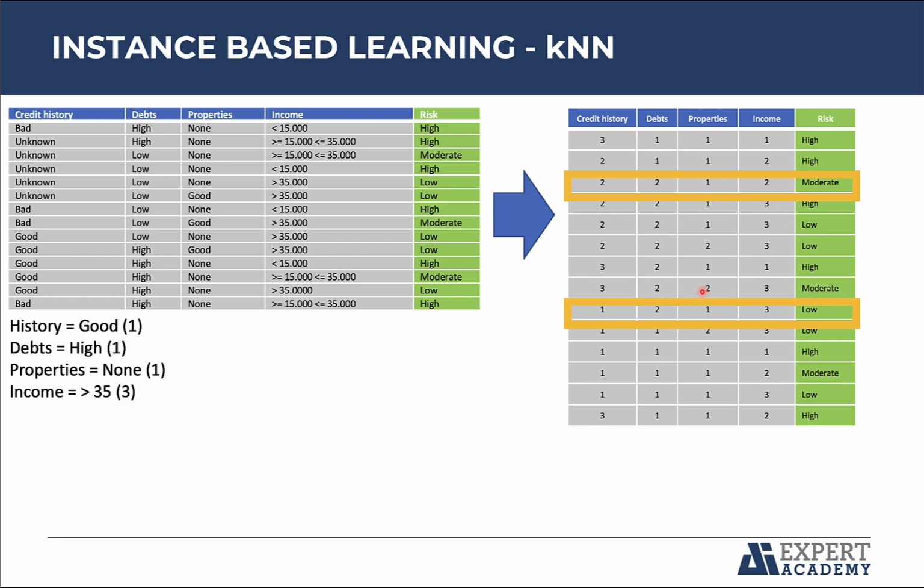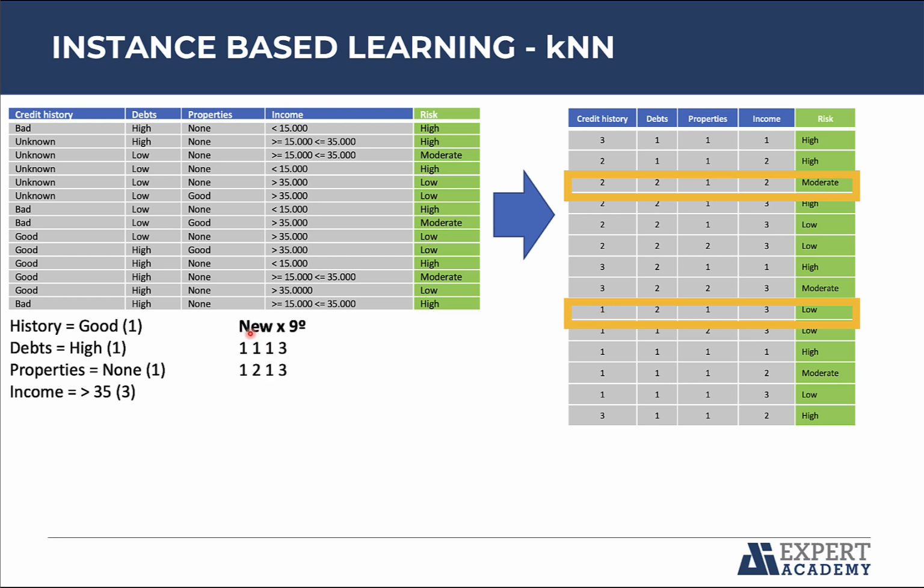Now we need to perform the calculations between the new customer and all other instances of the dataset. For this example, we are going to see the calculations of only these two instances.